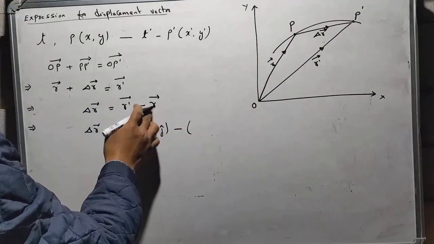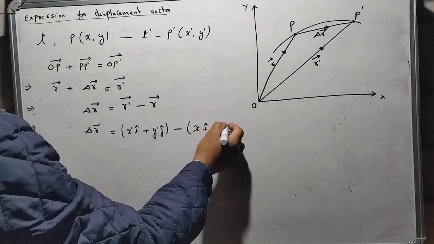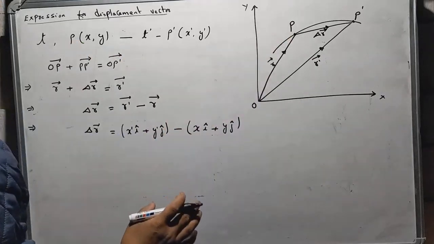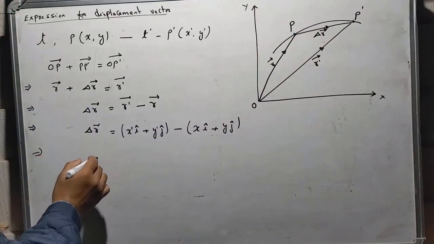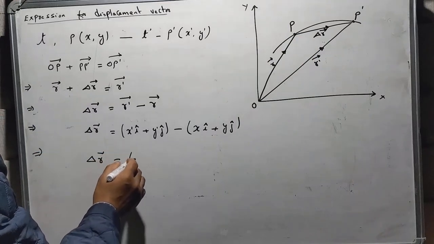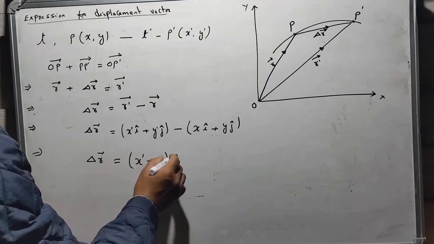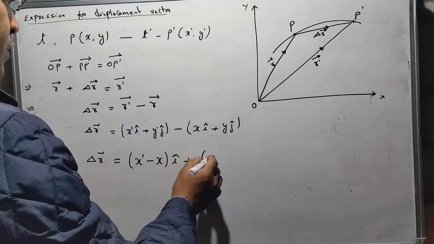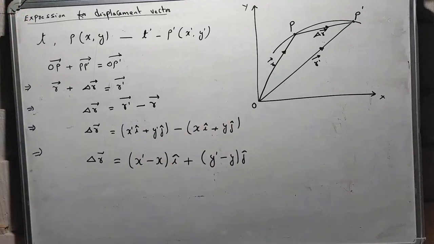Similarly, instead of R arrow, I will write x i cap plus y j cap, where x and y stand for the coordinates of point P. Now I will combine the terms: x dash minus x with i cap taken outside, plus y dash minus y with j cap taken outside the bracket.